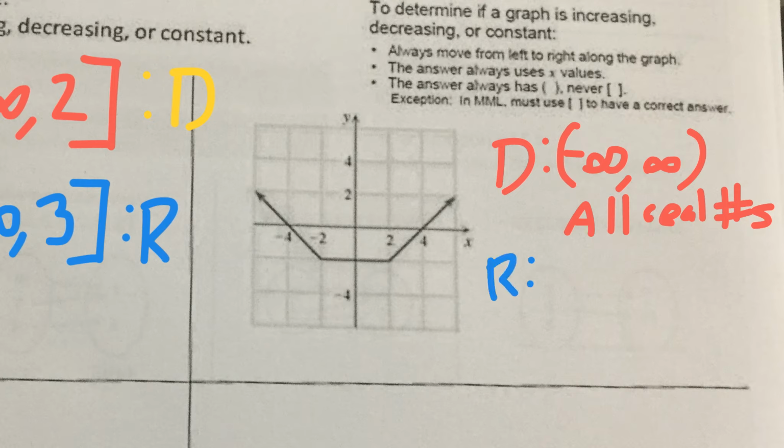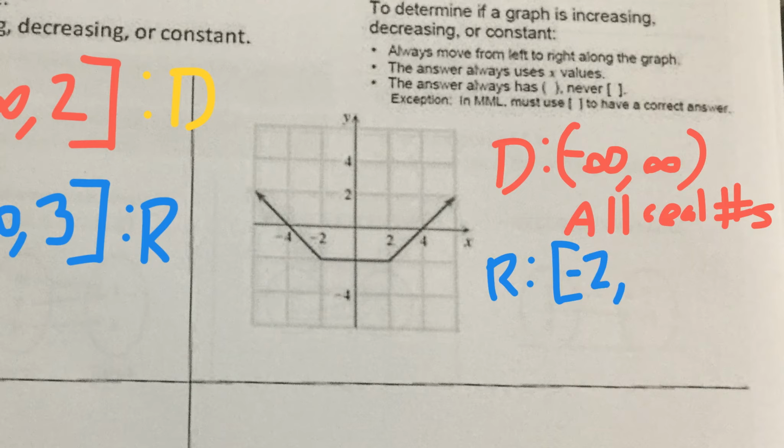Next, we're going to look at the range. So the range is the list of y values. So we start at the lowest possible y value. So does the graph enter this area? No, it never gets down here. So that means there is a lowest y value. And it reaches that lowest y value right here. So the lowest y value would be at negative 2. And that's included.